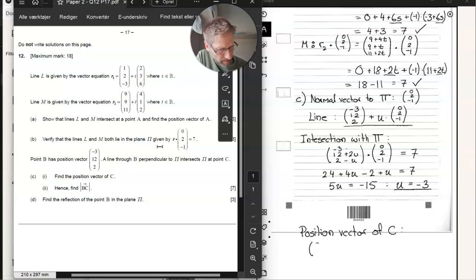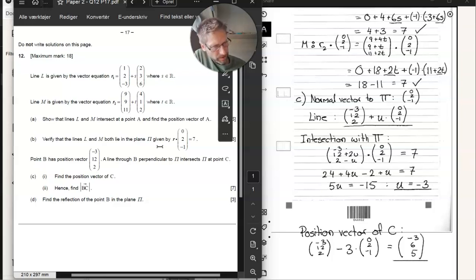So we take -3, 12, 2, and we subtract 3 times 0, 2, -1, and that's going to be -3, and then 12 minus 6, that's 6, and then 2 plus 3, that's 5. There we go. And that was actually question C1.